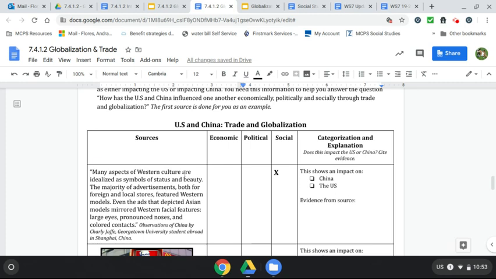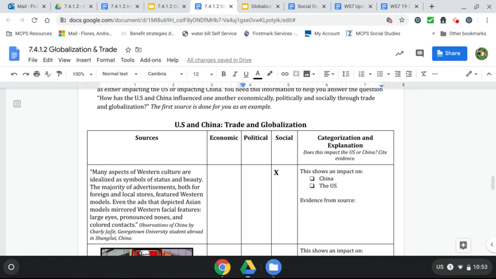So we'll do the first one together. The first source says, many aspects of Western culture are idealized as symbols of status and beauty. The majority of advertisements, both for foreign and local stores, featured Western models. That means non-Asian models. Even the ads that depicted Asian models mirrored Western facial features, large eyes, pronounced noses, and colored contacts.